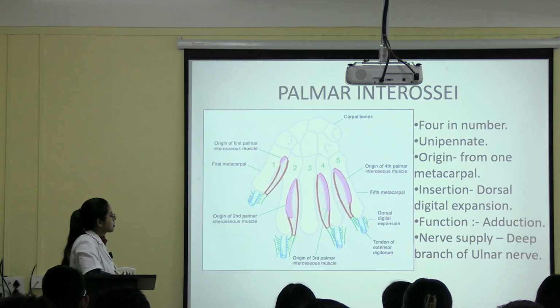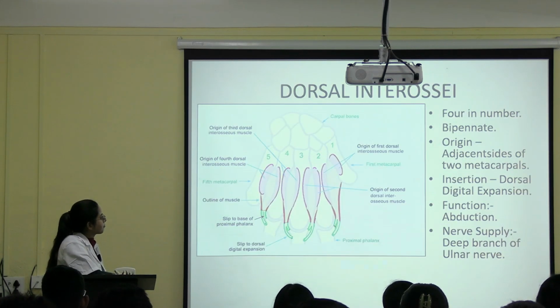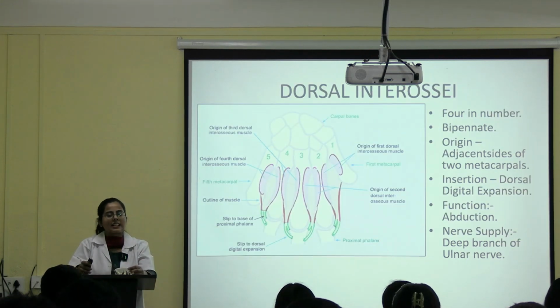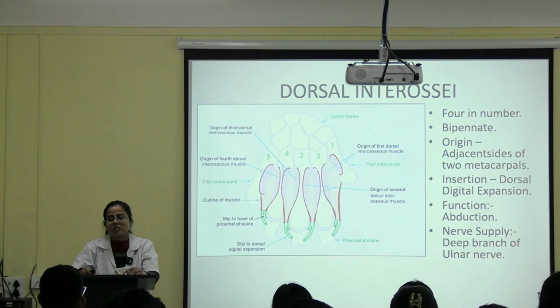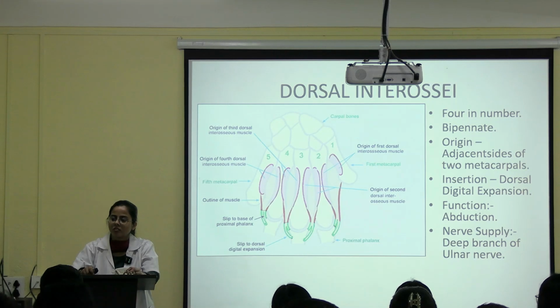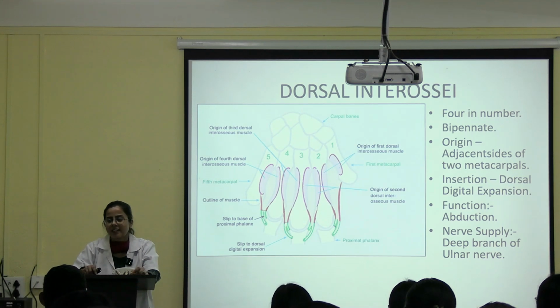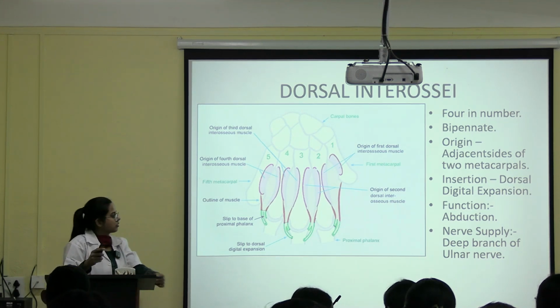Abduction. And lumbricals? First and second supplied by? Median. Third and fourth? Ulnar. First and second is unipennate or bipennate? Third and fourth? Tendon from which it is originating? Profundus, okay? Done.